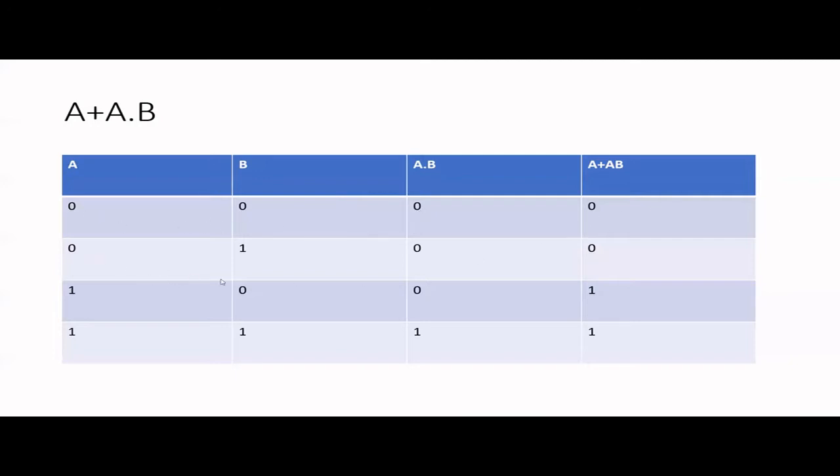Because you know at least one input should become 1, then only the output is 1. So here 1, 0. So just 1, 1, 1. So output is 1. This is the operation. Right? I told you operation like a plus you can think of 0 plus 0, 0 plus 0, 1 plus 0, 1 like that. But that's not actually plus, it's the operation.